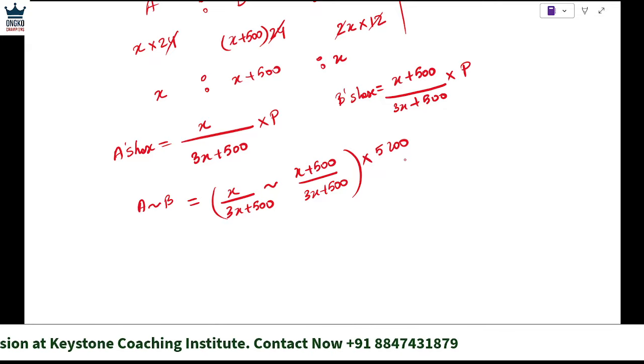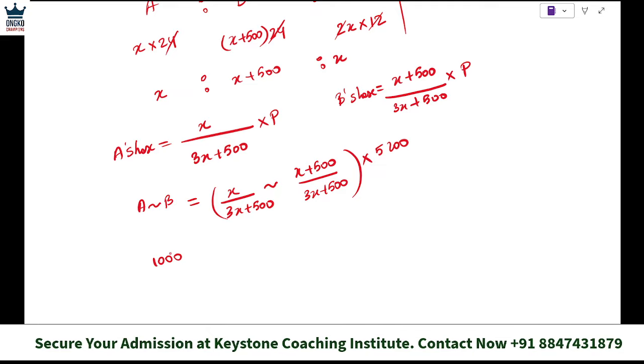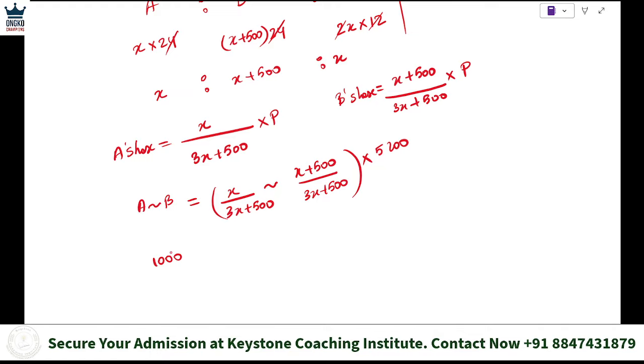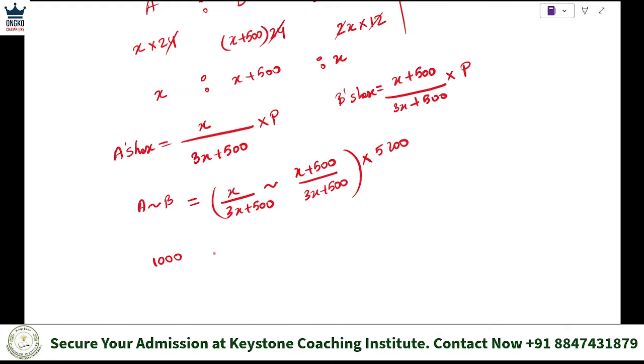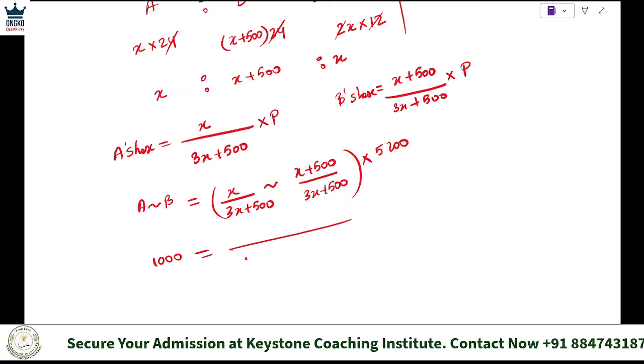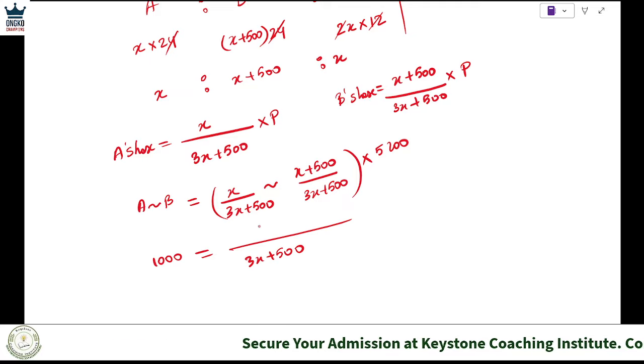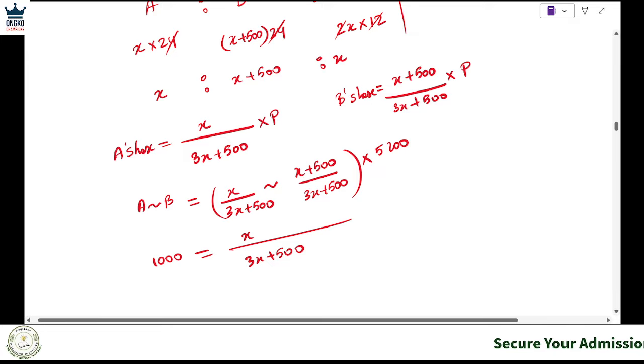Yes, and then the difference is how much? 1000, right? So now can we write 1000 here? This is possible. Now here 1000, yes, it's clearly mentioned in the question. The LCM is 3x plus 500, so we can write the difference of x.